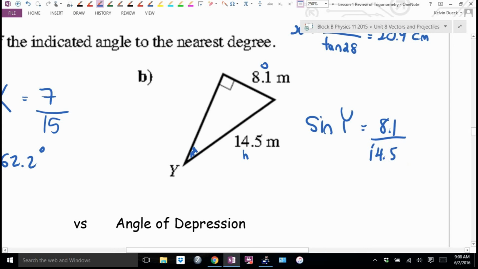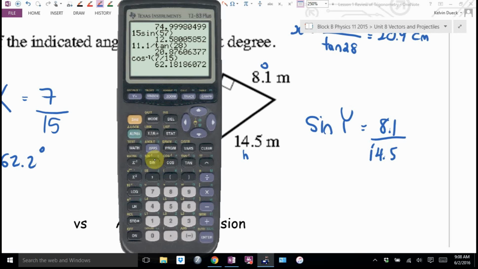How do I find an angle? Second function or inverse or shift or whatever it's called on your calculator. Because it's a fraction, I'll have to put it in brackets. Second function, sine, bracket. My calculator automatically opens up a bracket. Some of yours might as well. Divided by 14.5.